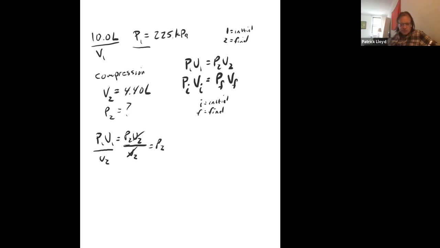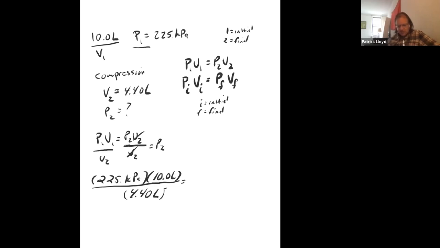Okay, so we need the initial pressure, which is 225 kilopascals, times the initial volume, which is 10 liters. And then we're going to divide that by V2, which is 4.4. It's going to go up, right? If you divide by a smaller number, you're going to get an increase.